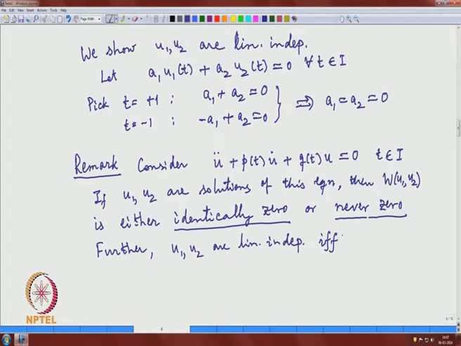So, we saw through this example this converse may not be true, but when u1 and u2 are solutions of this homogeneous second order equation, then the converse is also true: if and only if their Wronskian is not 0. So, that is an important thing you are going to learn in the study of the second order linear equations.